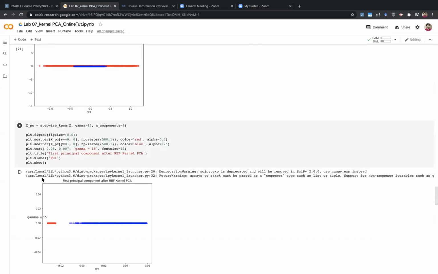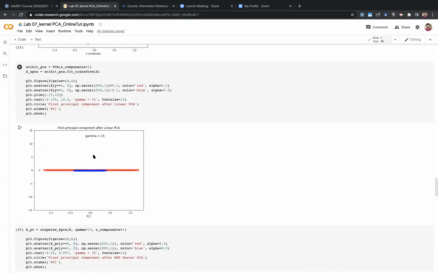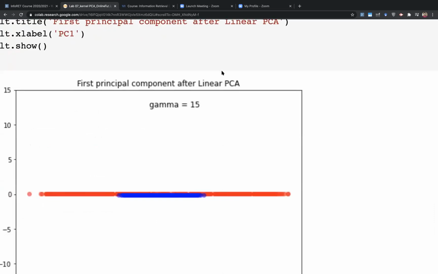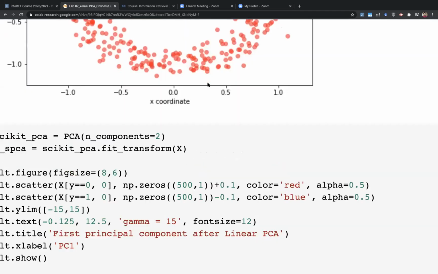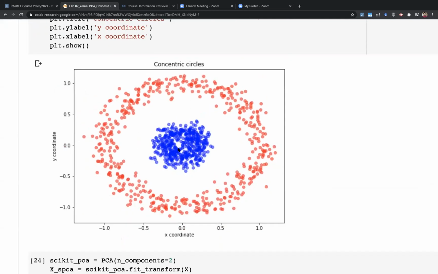Xusheng. Yeah, Xusheng. So this overlap is coming from the linear PCA. The linear PCA is not able to separate this data, right? The linear PCA is trying to collapse this whole variation and measure the variation. This is a perfectly symmetric data set, so you can see that in both directions the variation in the red dots is more, and the variation in the blue dots is less.